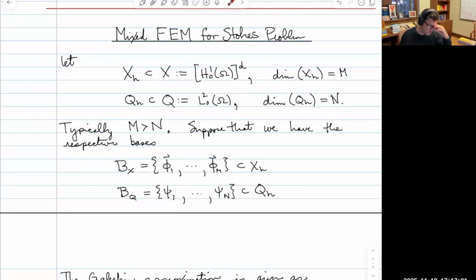So what we want to do for the Stokes problem is what we've done in many other cases. It's becoming kind of old-fashioned now.